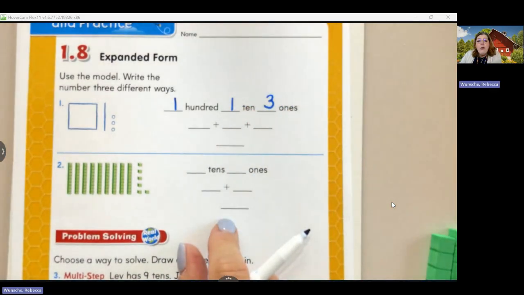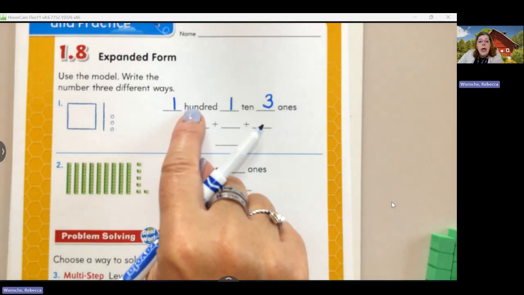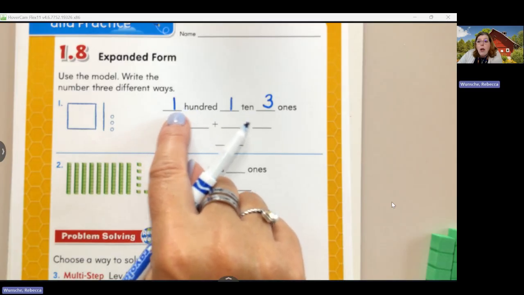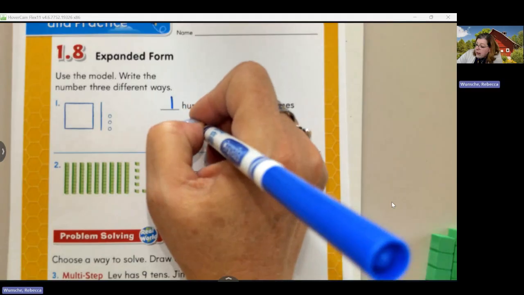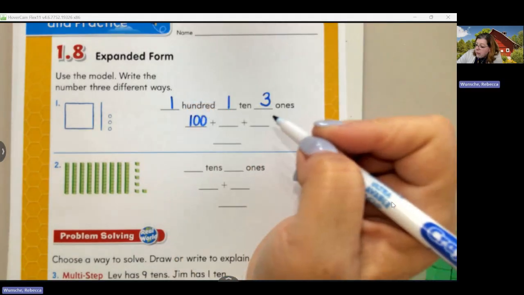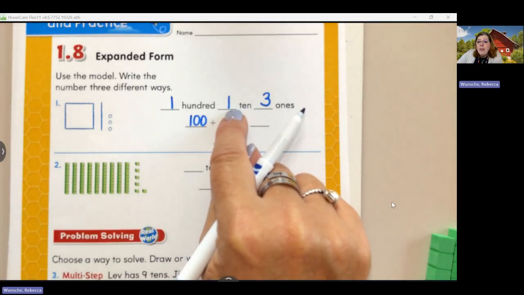Then I'm going to write this exactly like I'm reading it. So this tells me I have 100. I'm going to write the number I just said, 100, in my blank right here. If I have 1 10, that's 10.